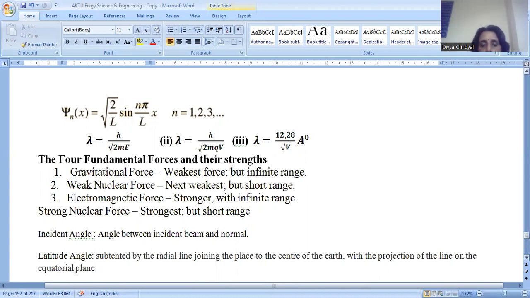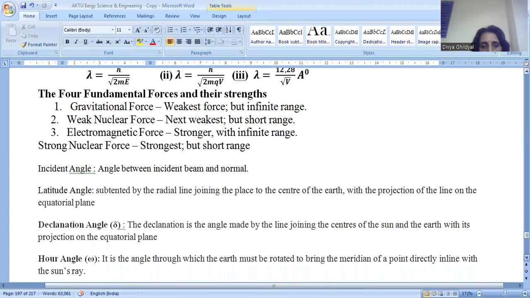The four fundamental forces of nature are gravitational force, which is weakest, weak nuclear force; next weakest, electromagnetic force, stronger, and the strongest is the strong nuclear force.